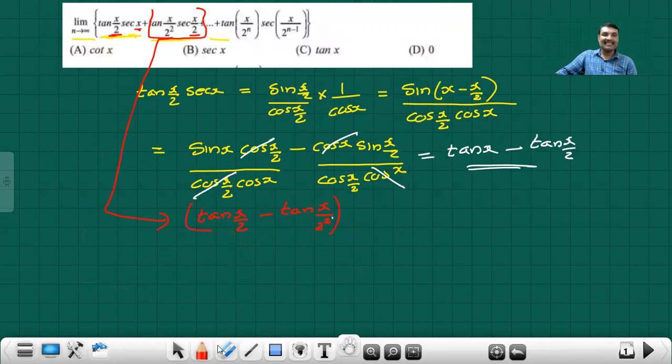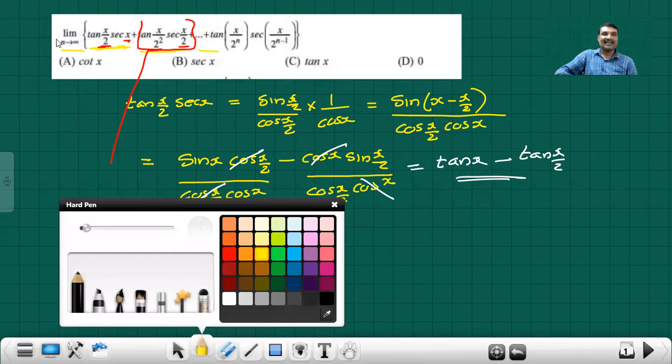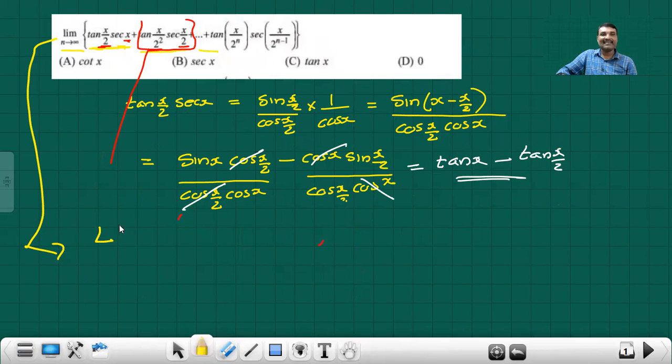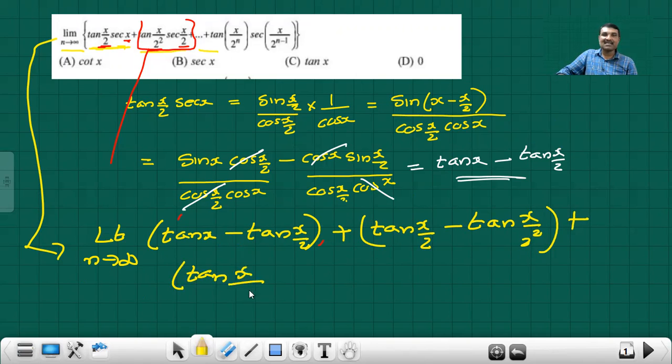So we can write the entire function as limit n tends to infinity. The first factor becomes tan x minus tan x by 2. The second factor we can write as tan x by 2 minus tan x by 2 square, and the third term becomes tan x by 2 square minus tan x by 2 cubed, and so on.